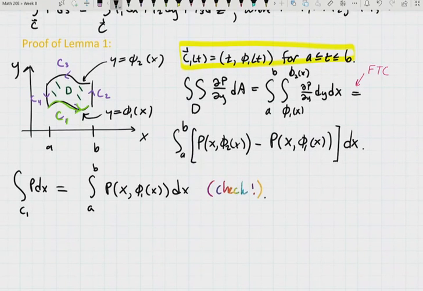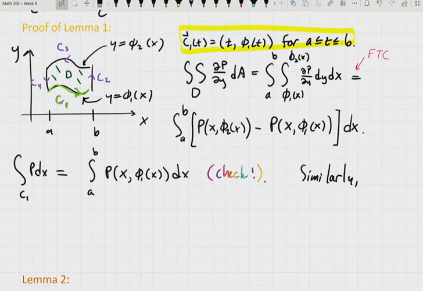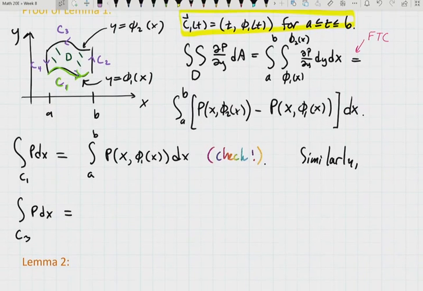Similarly, how about if I integrate along the top path, C3? So the integral of P dx on C3 is, for a very similar reason, we're going to get the integral from a to b of P of x, now it's phi2 of x, except, oh, I didn't account for the orientation.